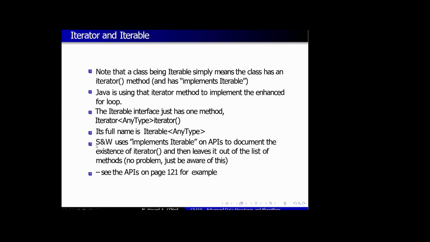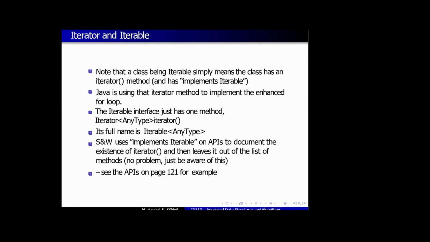So you can see that we've seen this in the book, implements iterable on various APIs. They're collection classes. And that means that there is an iterator method. And so they figure that's sufficient documentation, so it's not listed in the list of methods.